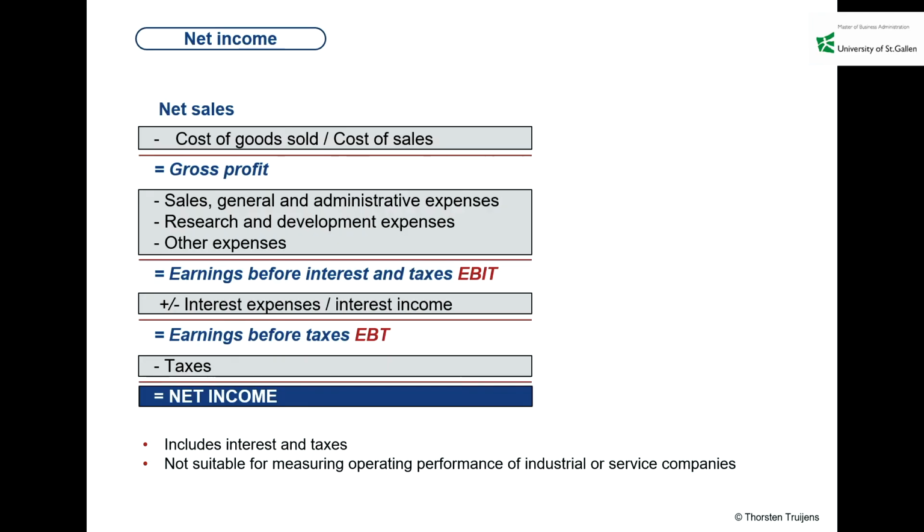And if you are a strategy consultant, you would like to actually look at the operating business and divide the financial side, i.e. the financing side, from the operating business. This is the reason why net income is not suitable for such kind of operating financial performance comparison.